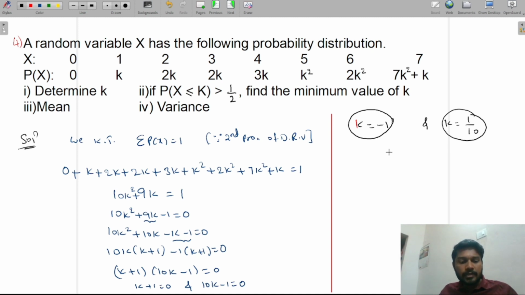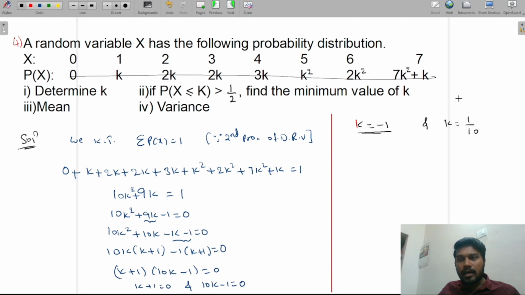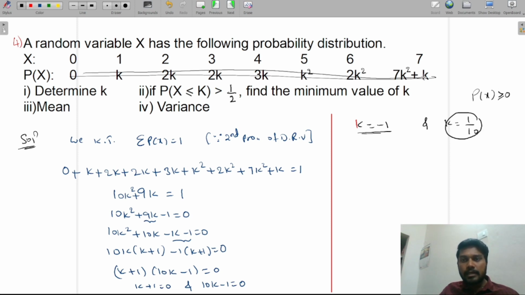If I substitute k equal to minus 1 in these probabilities, I won't satisfy the first property of a discrete random variable, that P of x is greater than or equal to 0.